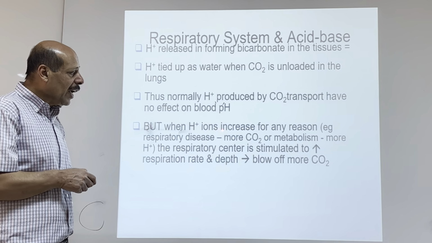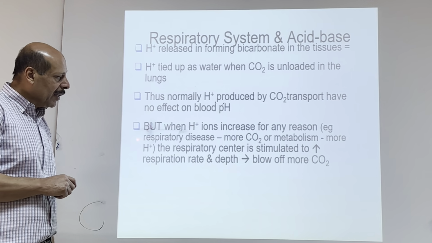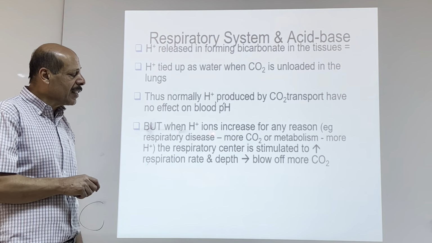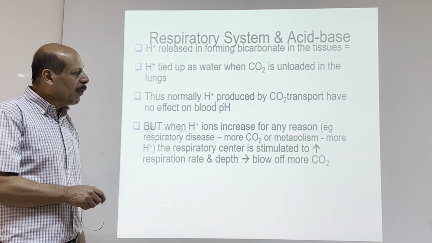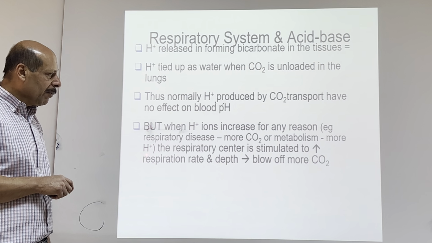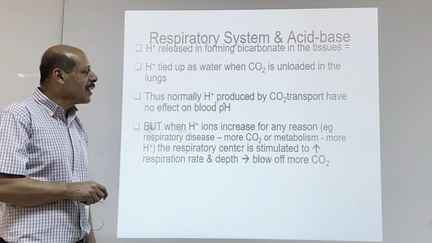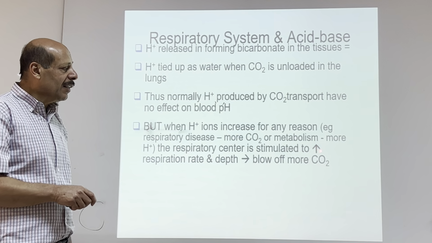But when hydrogen ion is increased by any reason, for example in case of respiratory disease, in this case more CO2, or by metabolism, which produces more hydrogen, the respiratory center is stimulated.